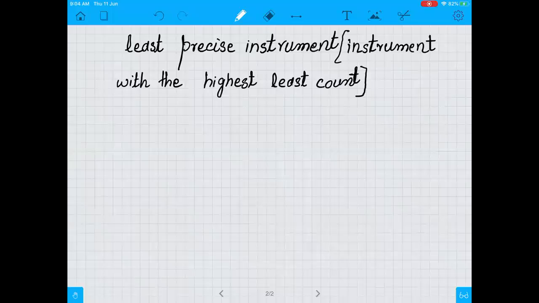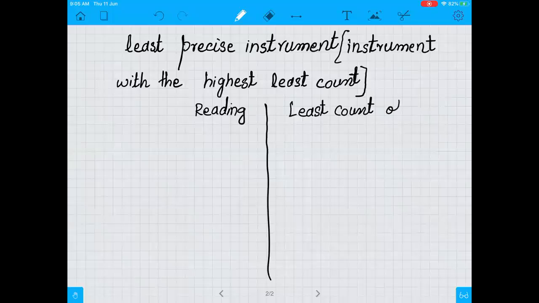Now let's understand an example. We write some readings and their least counts.